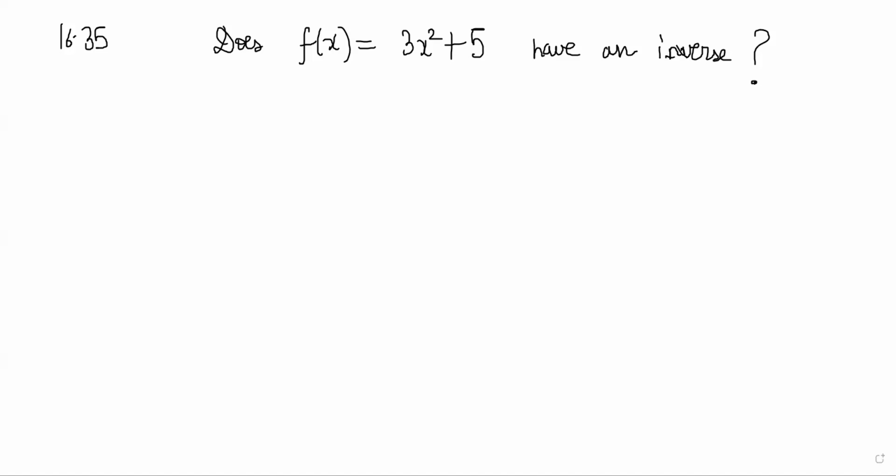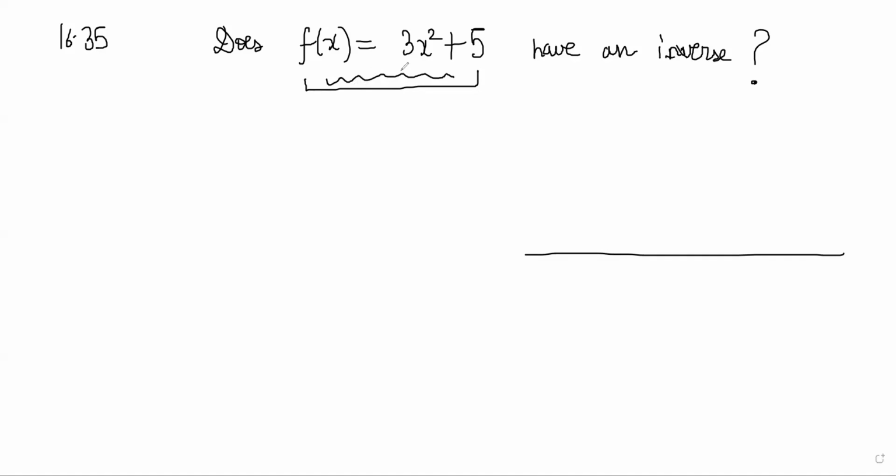Why not? Because then the inverse would have to output two different values because it's a square. So it can either have the positive or the negative. This is a function where multiple inputs will give the same output, right?